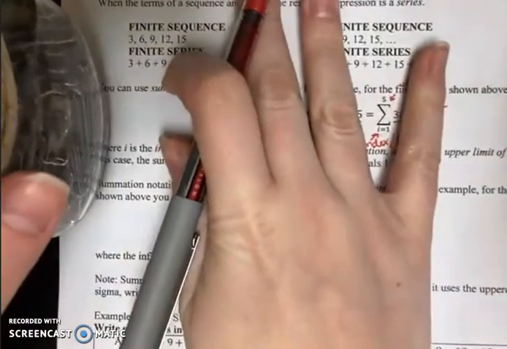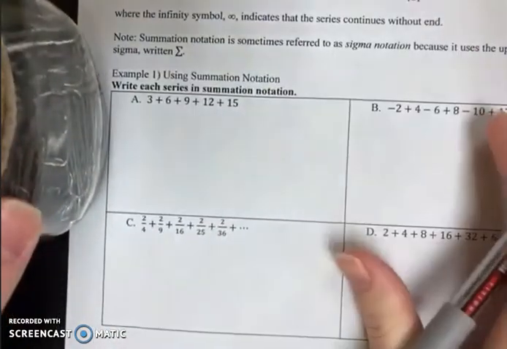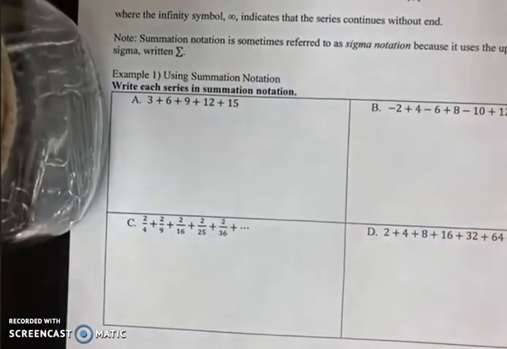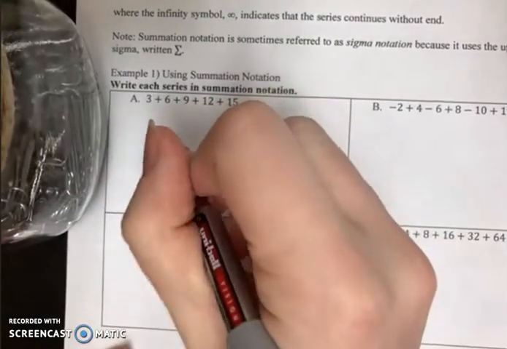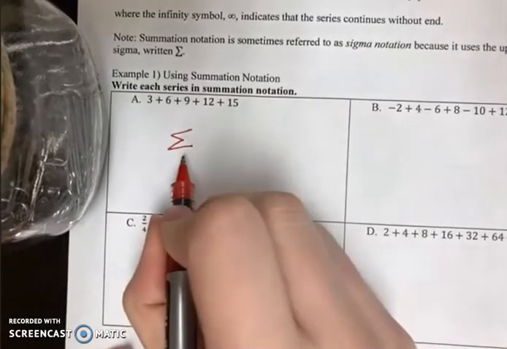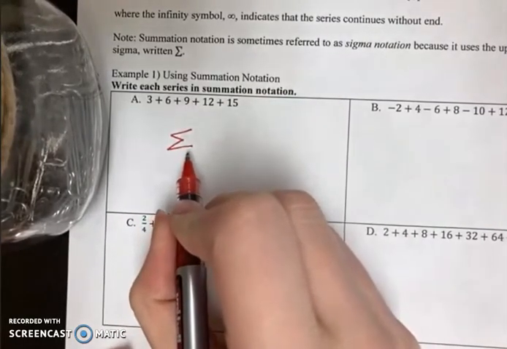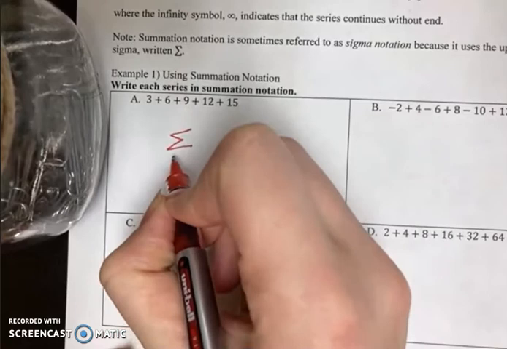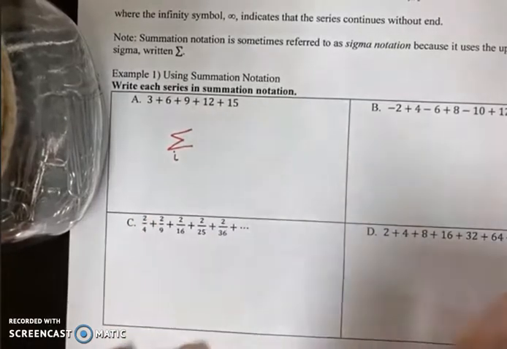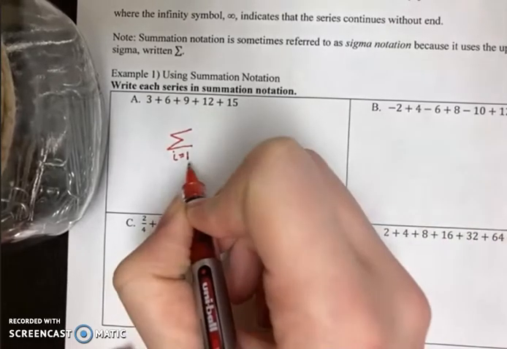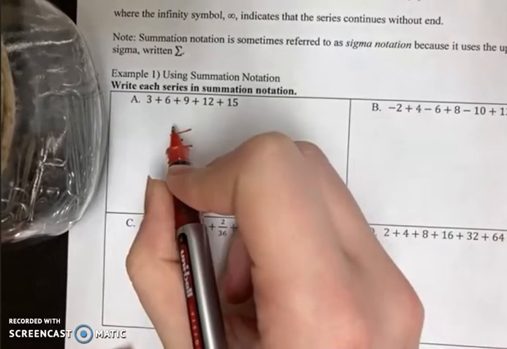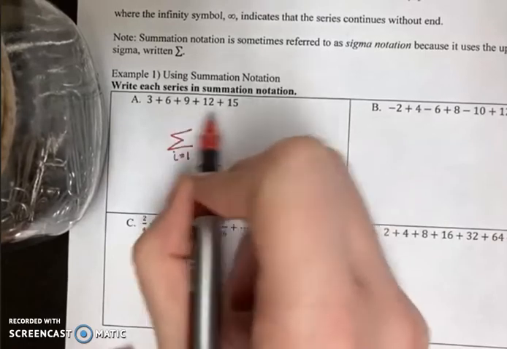So what we're going to do is practice writing summation notation. We're not actually going to solve or add. I'm just practicing writing. For summation notation, I'm going to start with my sigma, which means I am finding the sum from, let's put our lower limit. So I'm just going to always have you start off at 1. So i equals 1. All the way to, here's a finite series.